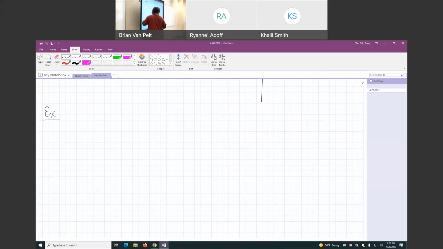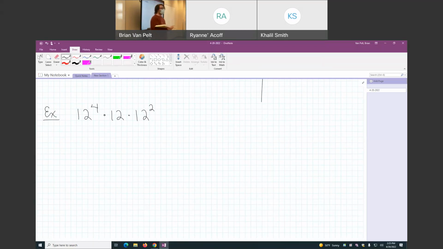I'm going to pull a few examples out. All I want you to do is combine things and collect. 12 raised to 4 times 12 raised to 7.